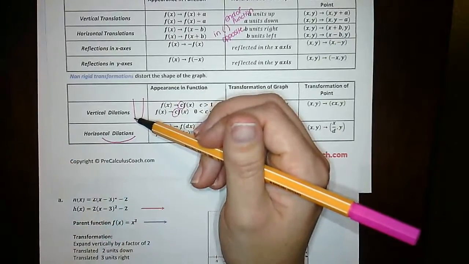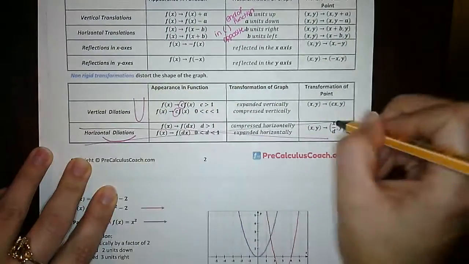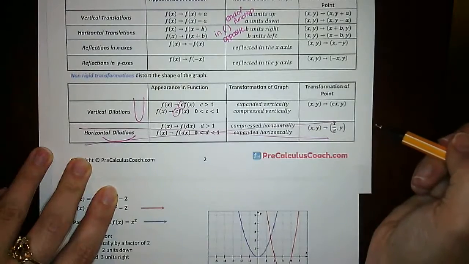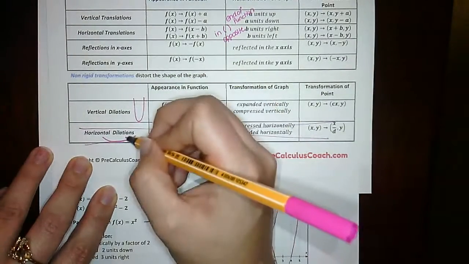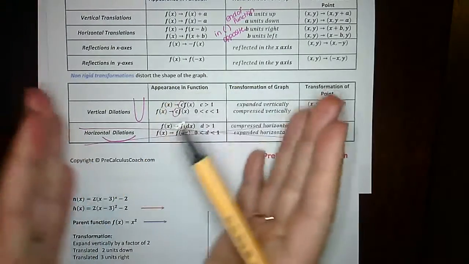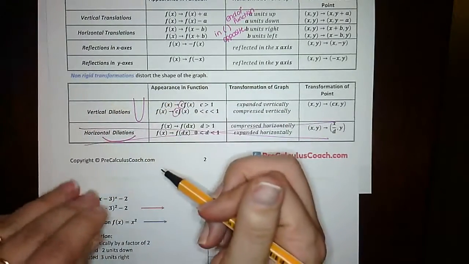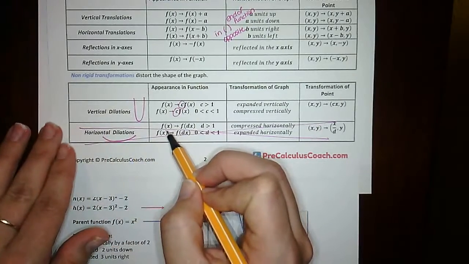Honestly, I kind of ignore the horizontal dilations. I just focus on the vertical. And I know that if it stretches vertically, it's going to shrink horizontally. So horizontally, it's going to get skinnier. Or if it shrinks vertically, it's going to get fatter horizontally.